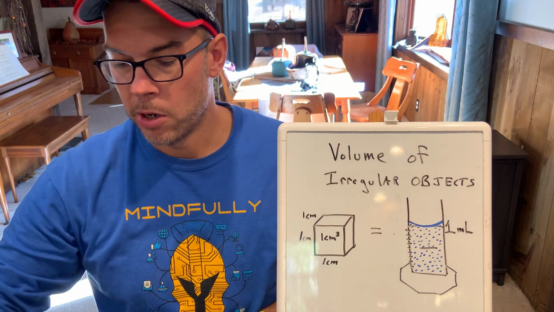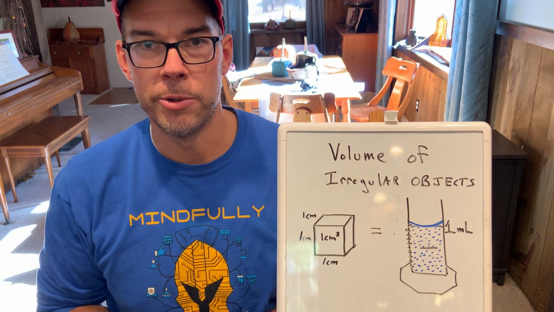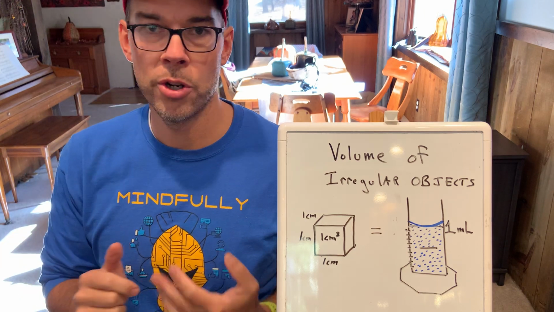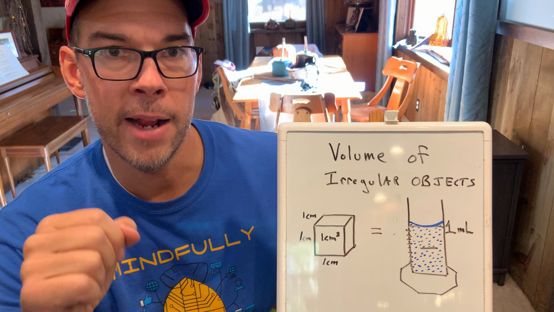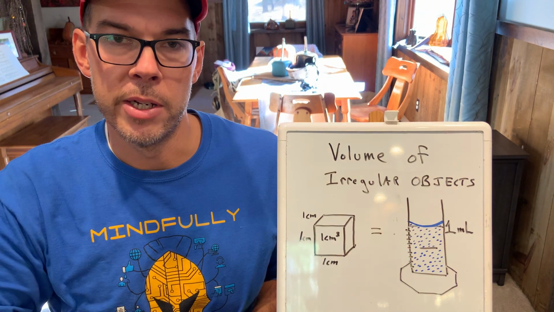All right, so the key to understanding how to do an irregularly shaped object is this right here. What this shows us is that 1 centimeter cubed is exactly equal to the same amount of space that 1 milliliter is.